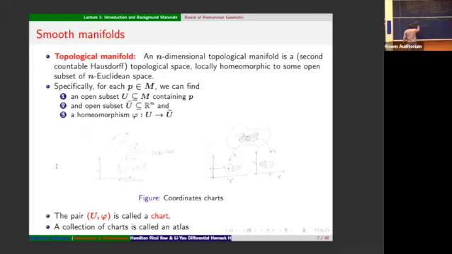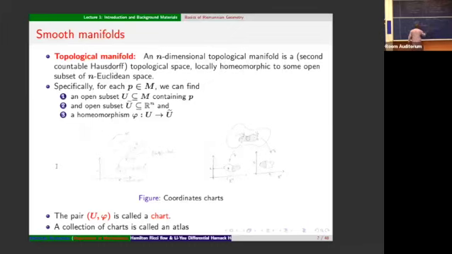Let's say you have another point Q, and a neighborhood of it, U of Q. There is another homeomorphism, phi of Q, taking U of Q to an open subset.